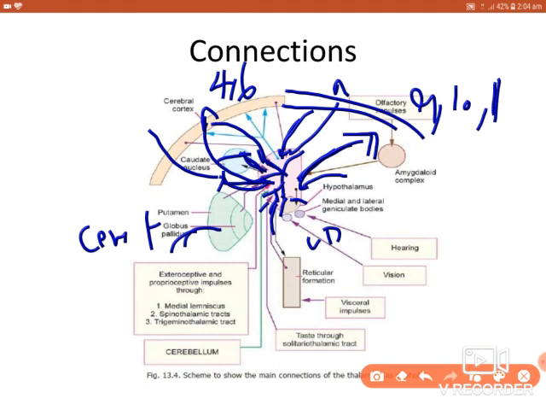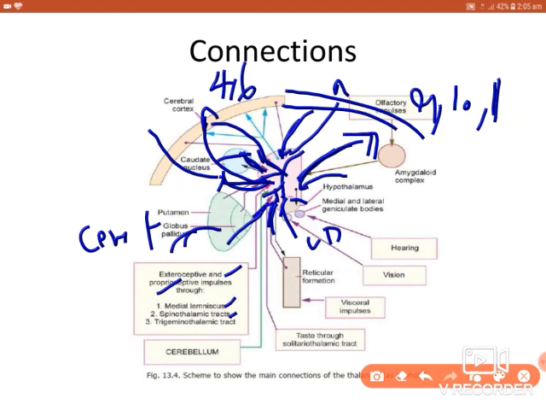Then coming to the ventral posterior group of nuclei, it has ventral posterolateral and ventral posteromedial. The ventral posterolateral receives the general sensations, both exteroceptive and proprioceptive impulses, through the spinothalamic tract and the medial lemniscus.